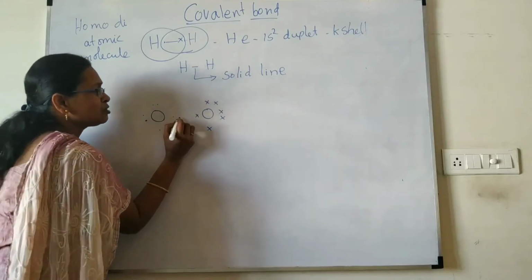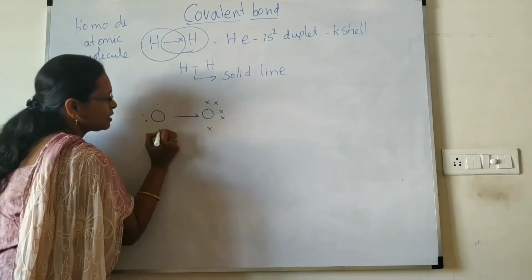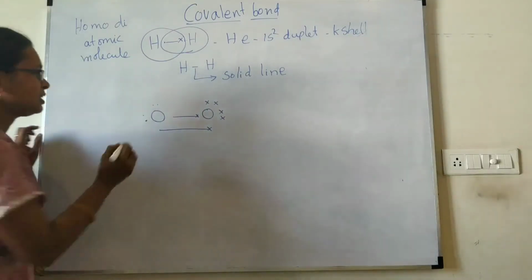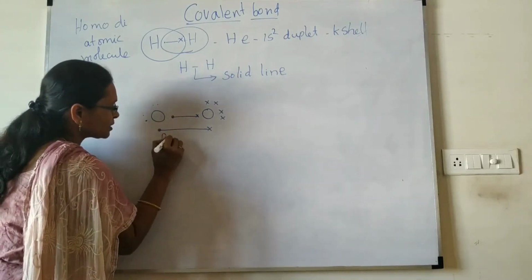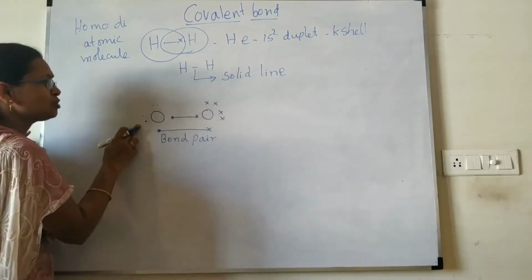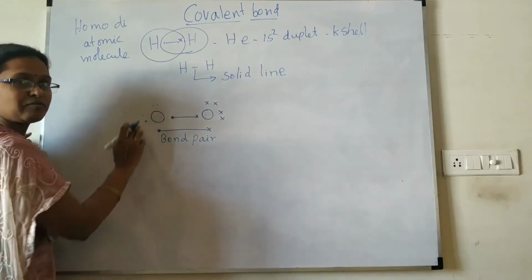These single electrons will be attracted toward each other and form a bond, right? These 2 electrons we call bond pairs, and these 2 electrons we call lone pairs, meaning they are not involved in the bond formation.